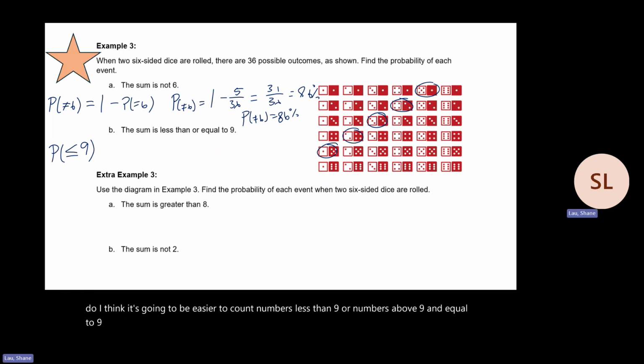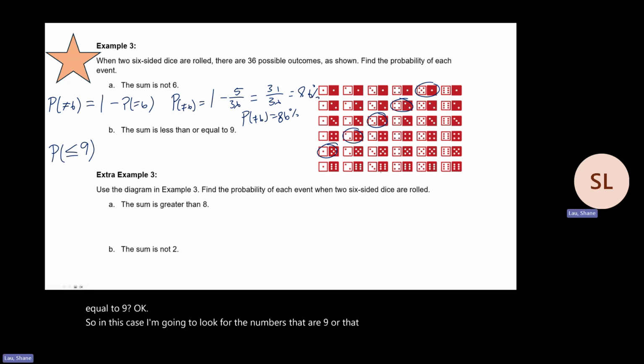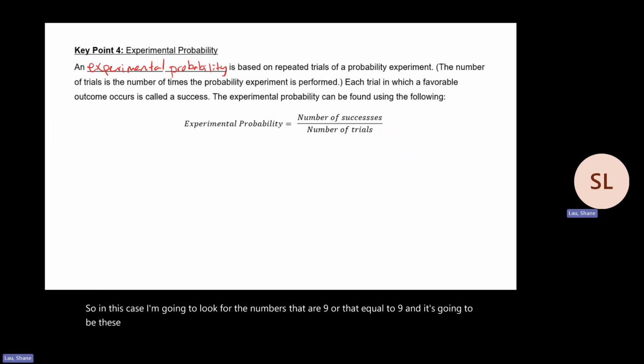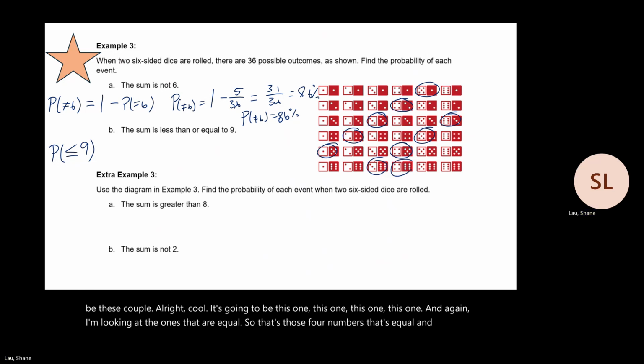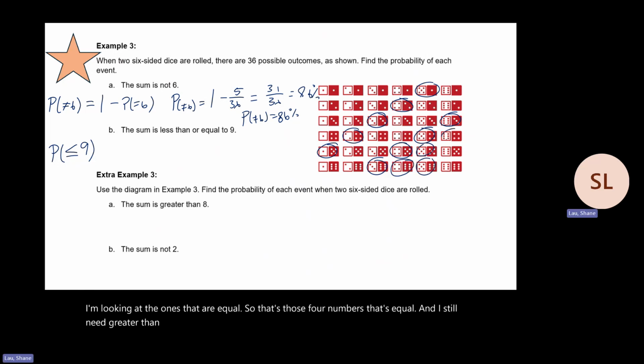Okay. So in this case, I'm gonna look for the numbers that are 9 or that equal to 9, and it's gonna be these couple. All right, cool. It's gonna be this one, this one, this one, and this one. And again, I'm looking at the ones that are equal. So that's those 4 numbers that's equal, and I still need greater than. So 1, 2, 3, 4, 5, 6.